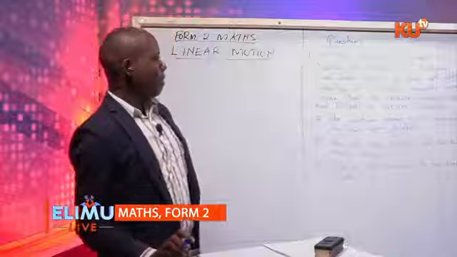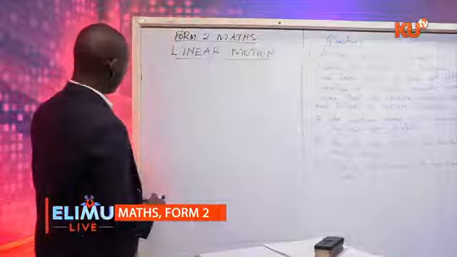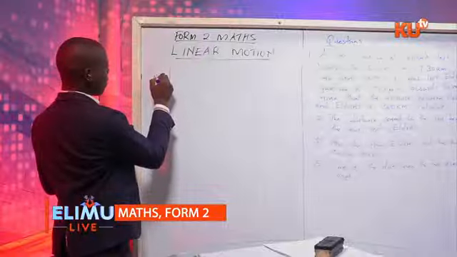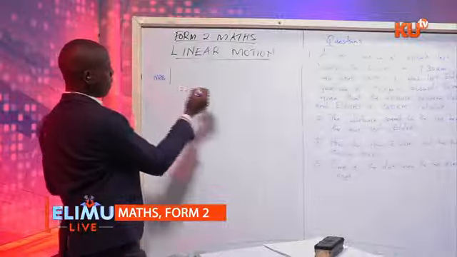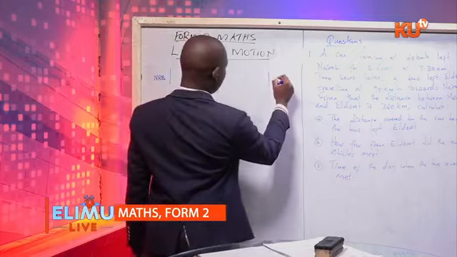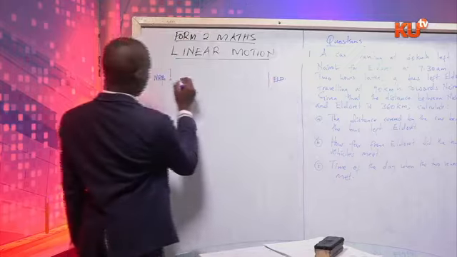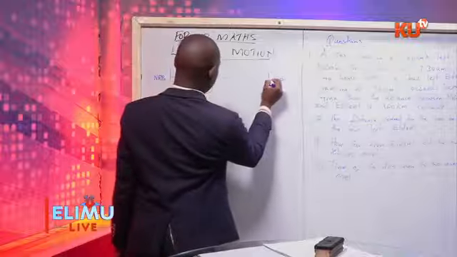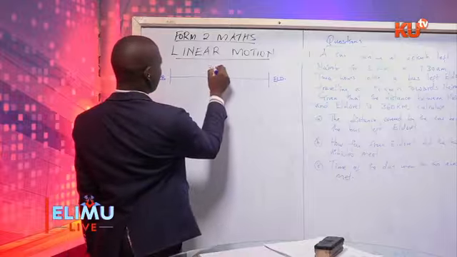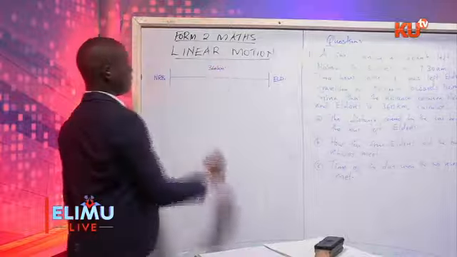So this is a car, and let's assume this is the location of Nairobi, and this is the location for Eldoret. If these are the two points, then we are talking of a distance of 360 kilometers.